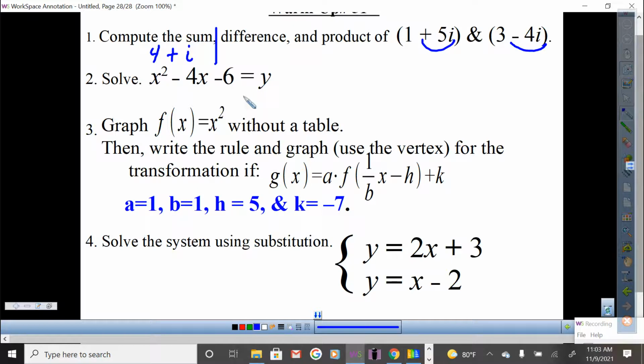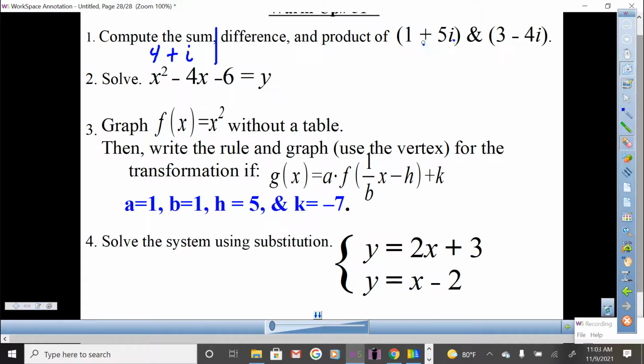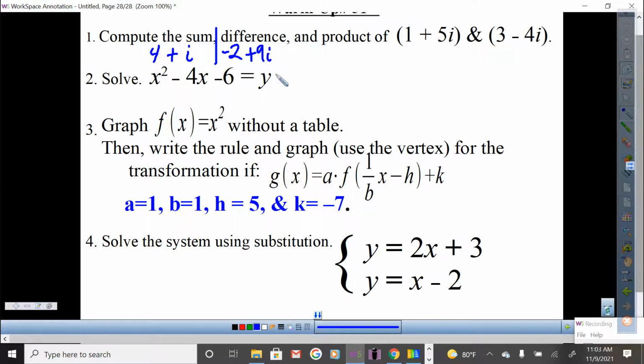Hands if you got that. Okay, good. How about the difference? Carlos, what'd you get for the difference? Negative 2 plus 9i. Hands if you got that. That is correct.